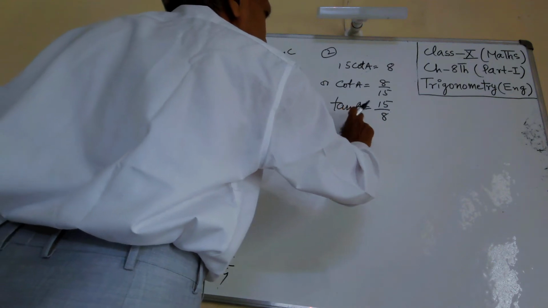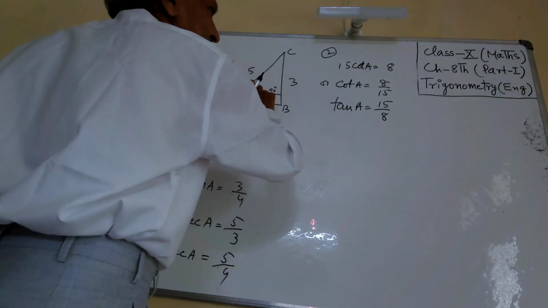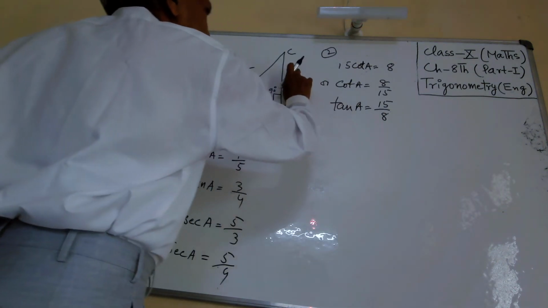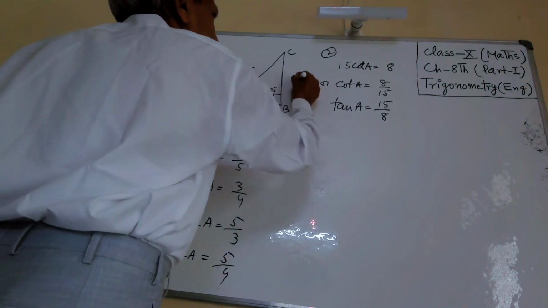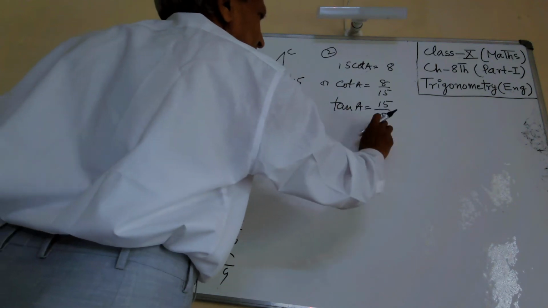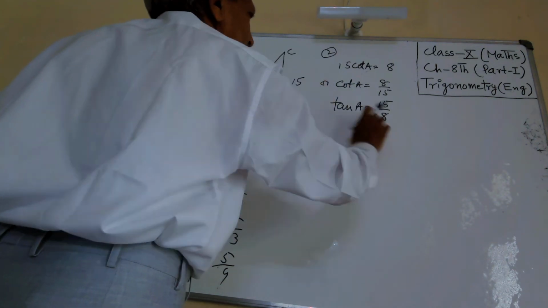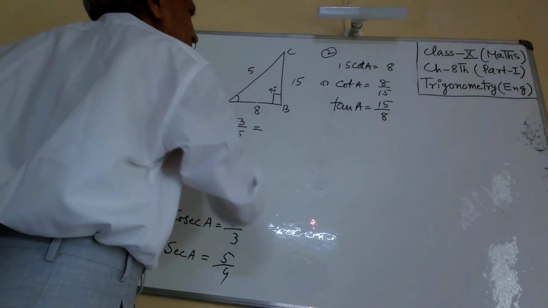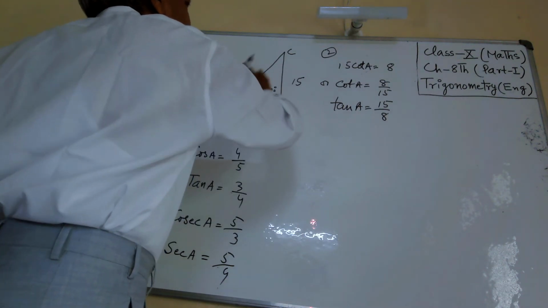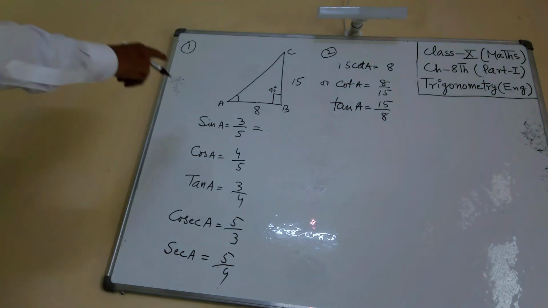Now by putting the value of tan A in this triangle, what is tan A? Perpendicular upon base. Here perpendicular is 15, and base is 8. This is tan A. Now we have to find out AC.